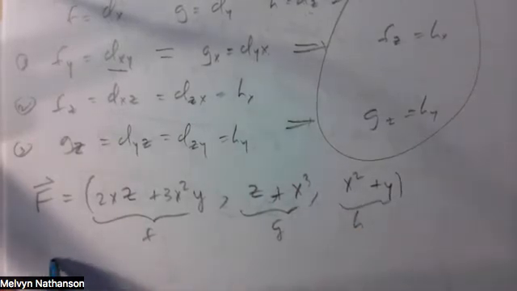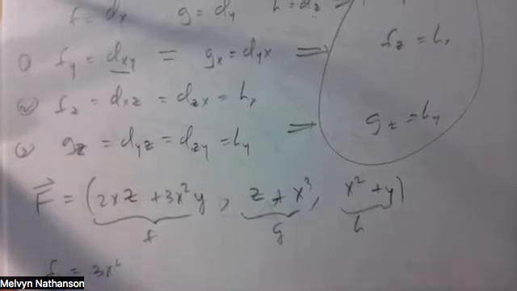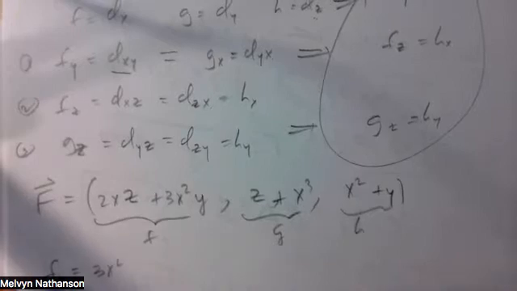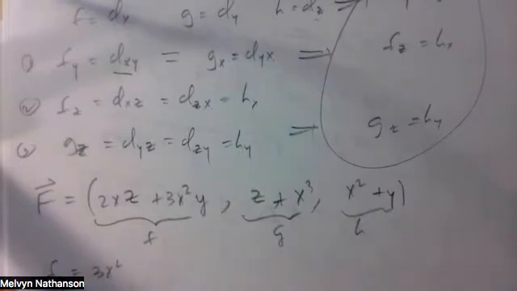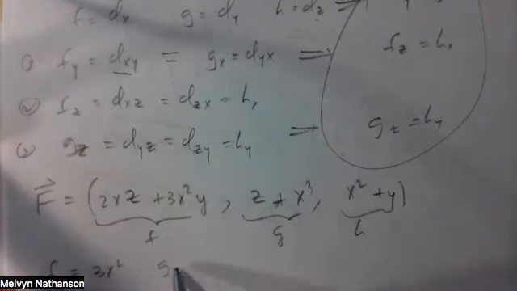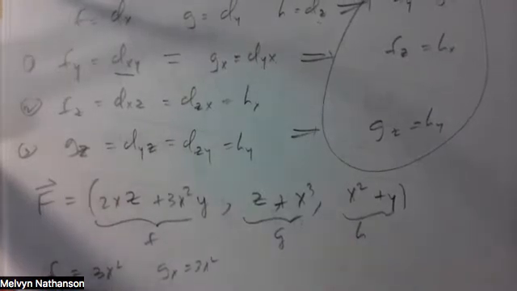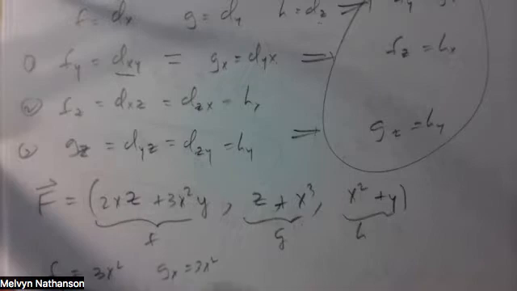So if I differentiate f with respect to y, I get 3x squared. And if I differentiate f with respect to z, I get 2x. If I differentiate g with respect to x, I get 3x squared. If I differentiate h with respect to x, I get 2x. So the partial of f with respect to y equals the partial of g with respect to x.